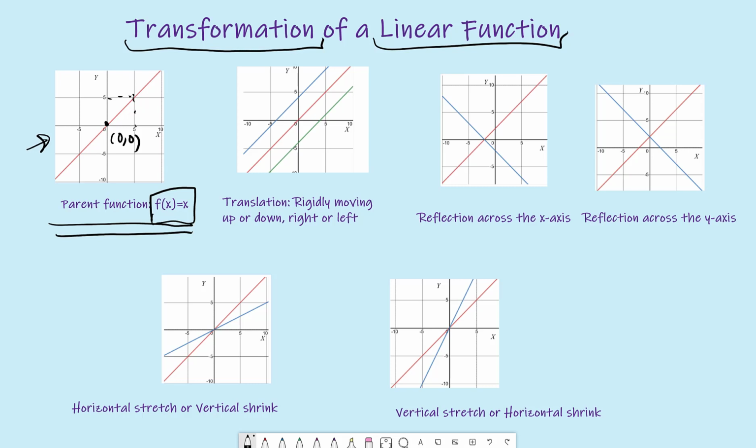We're looking to get any other possible linear function from this function. So I'm going to list here and show the different transformations, and then again in subsequent videos we'll look at each one of these separately. The first, and probably the simplest transformation to understand, is what we call translation.